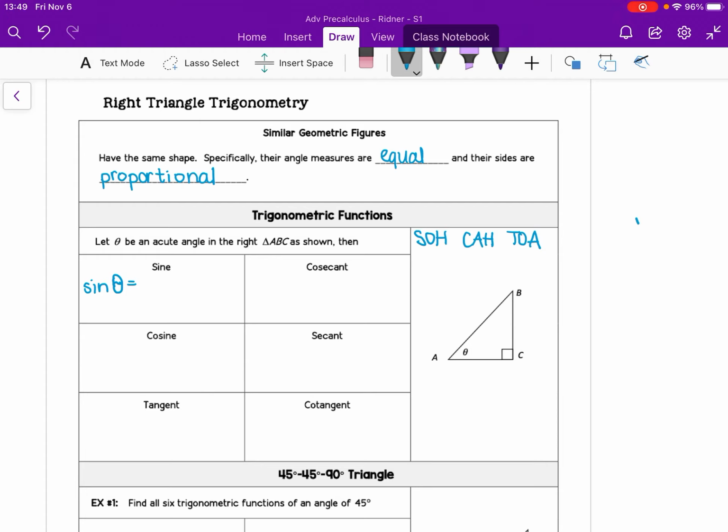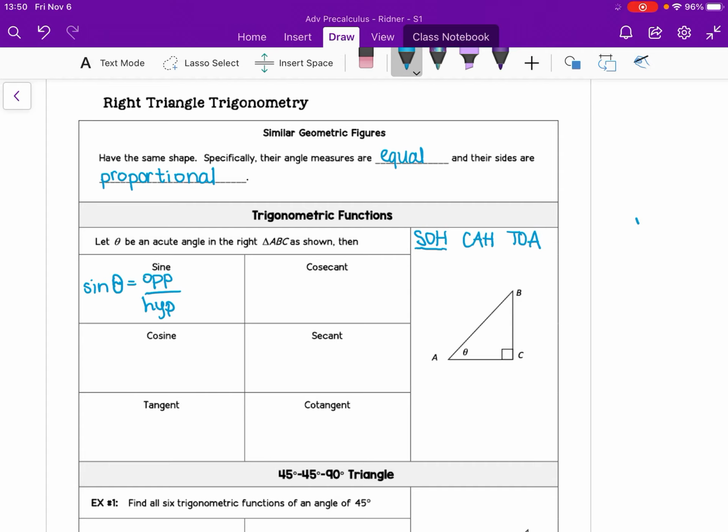So Greek letters are typically used to say a measurement of an angle, just like we use x for like a side. So sine theta equals the opposite over hypotenuse. That's where SO comes from, S-O-H.